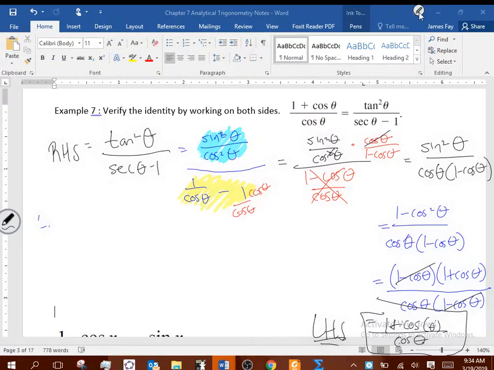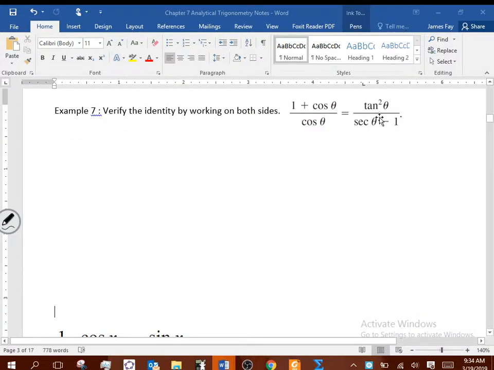So on a test or quiz, guys, if I were to give this problem, in my key I'm going to have like 3 or 4 different routes that I could grade you off of. With questions like that on a test or a quiz, I think it's beneficial to provide as much information as possible.